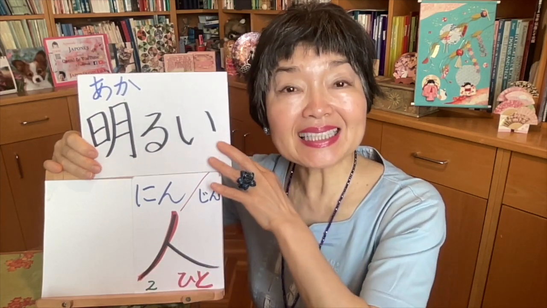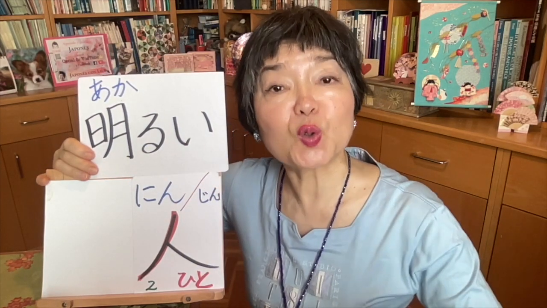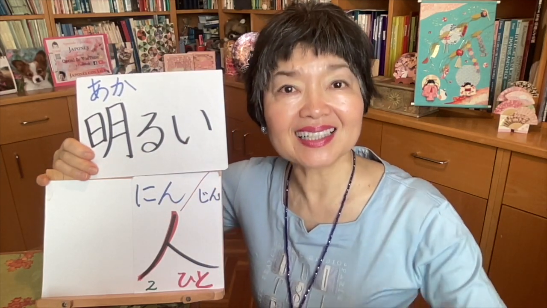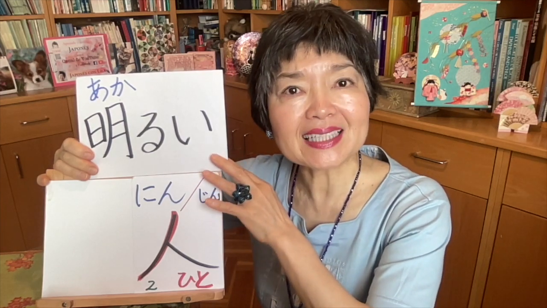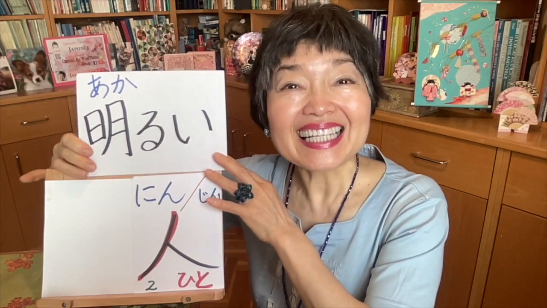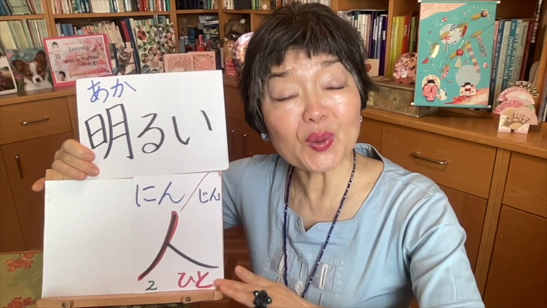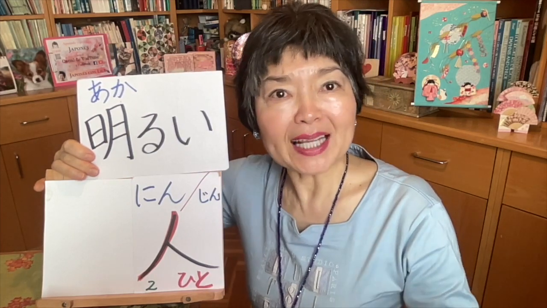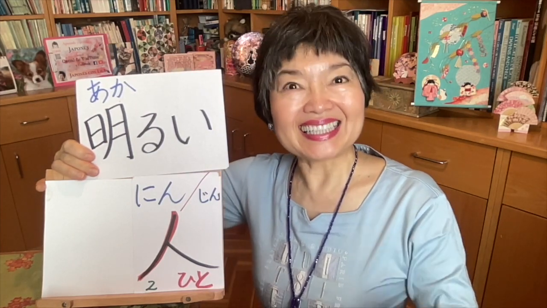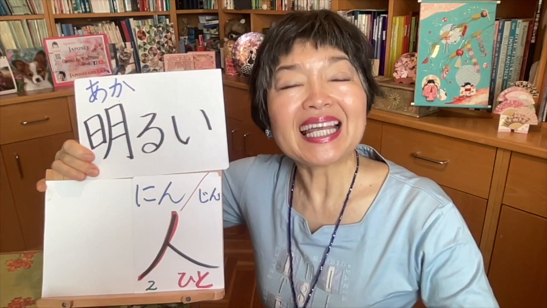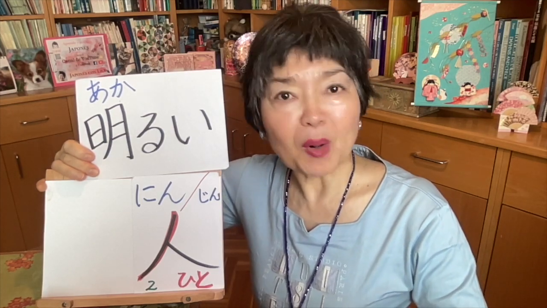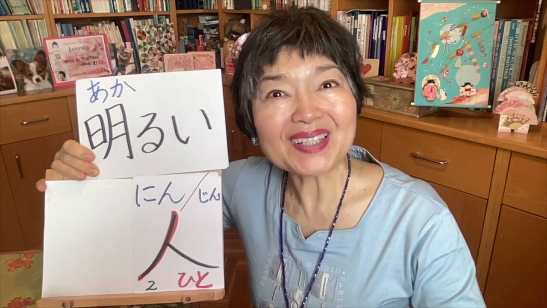So 明るい, this is an い adjective. You know 明るい is the opposite of 暗い, dark. So 明るい is bright or well lighted. In this case, 明るい人 means a very bright person. This person is cheerful and happy, a positive person, 明るい人.